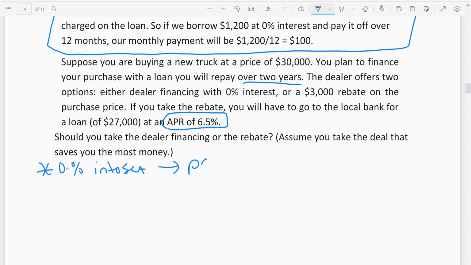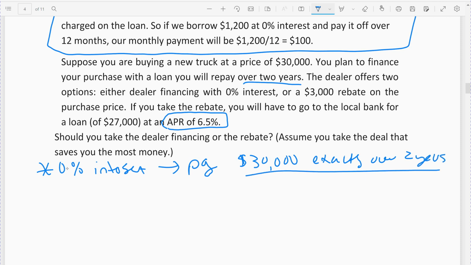That means you're going to pay $30,000 exactly over 2 years. To figure out what our monthly payment would be, you take your $30,000 divided by 2 times 12, so divided by 24, because you're going to make 24 payments.